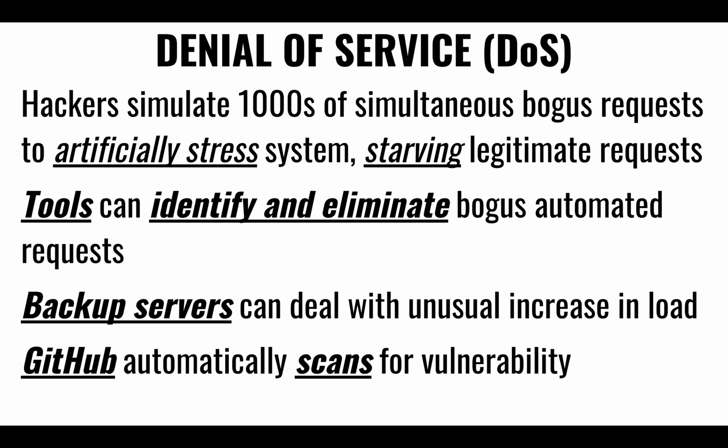Denial of service is a technique that hackers might use to bombard applications with bogus requests, right? That make the server busy responding to these bogus requests and starve the server from being able to service legitimate requests coming from legitimate folks.